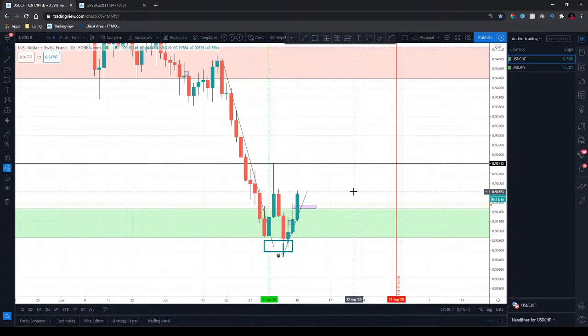But yeah, I believe it hit it 2 or 3 times, and then I personally entered again, because I was going for a 3 or 4 to 1, so those losses would have been taken out if it actually did end up hitting TP.